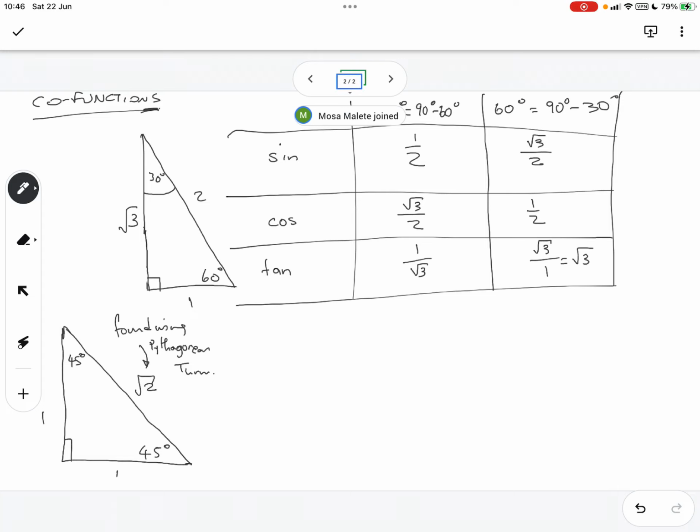In this triangle, we assume that x equals 1 and y equals 1. And in this triangle, we cut in half an equilateral triangle of sides 2 units each. Then this side we work out using Pythagoras. So far, alright.